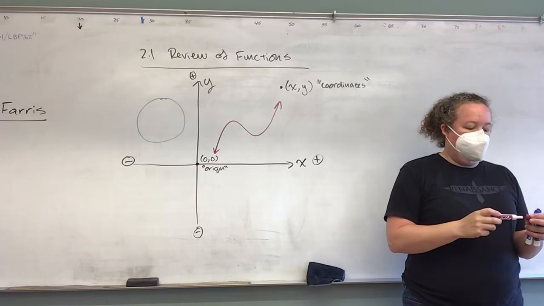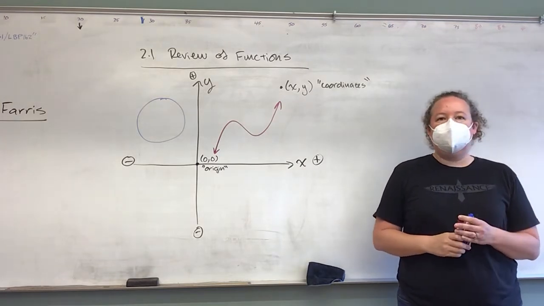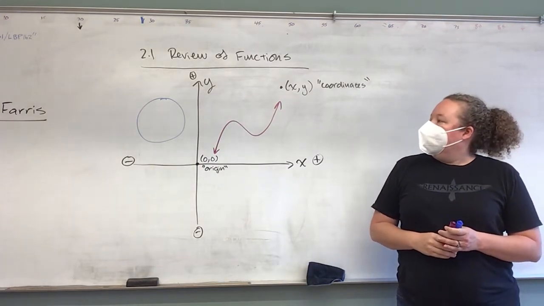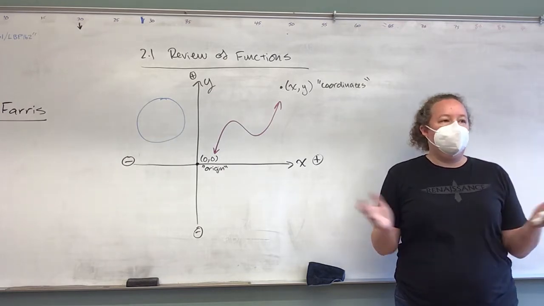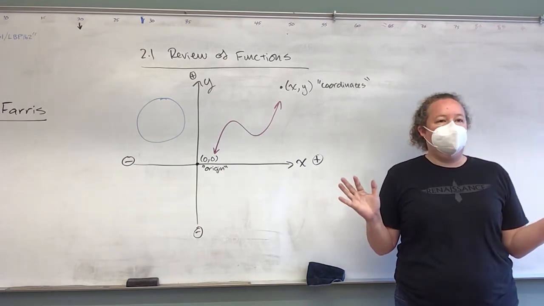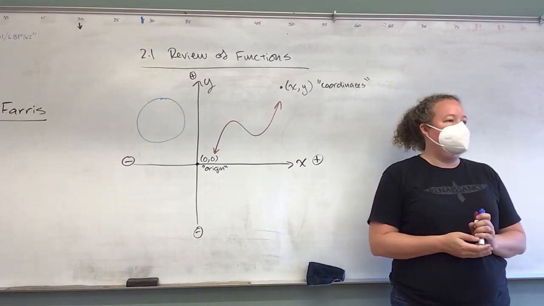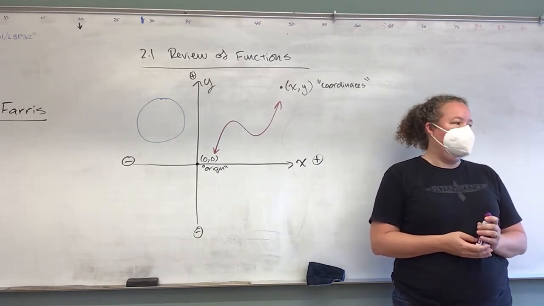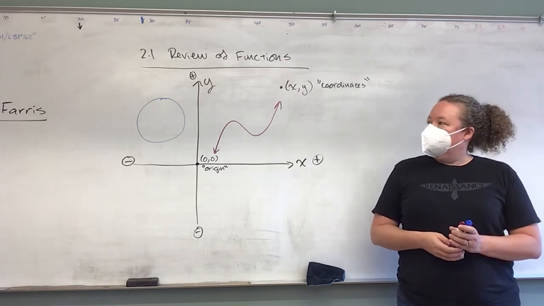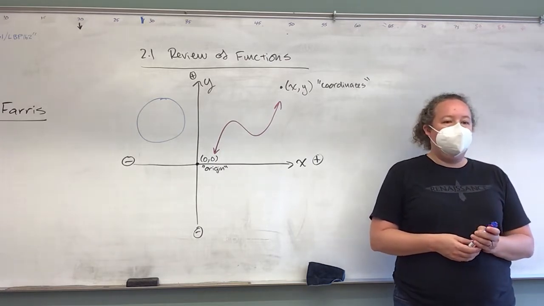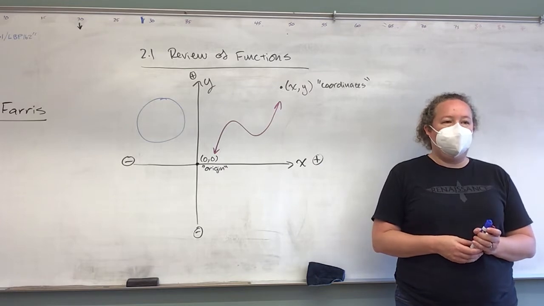All right, so we have blue and maroon. Are both of these legitimate graphs on a Cartesian plane? No. So for those who say no, I saw you shake your head, Lily.